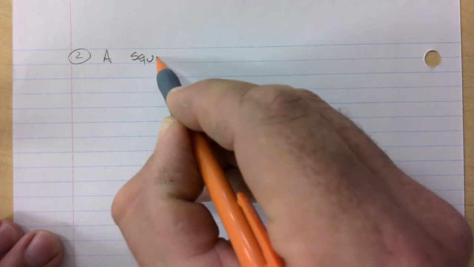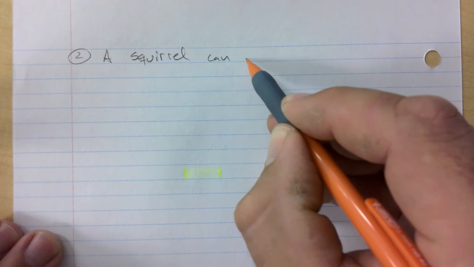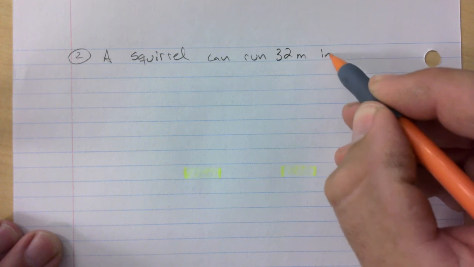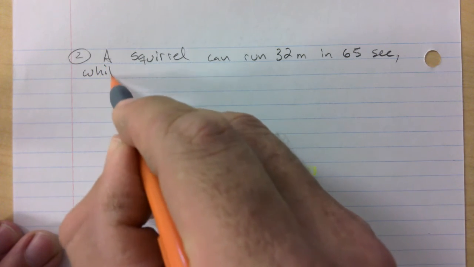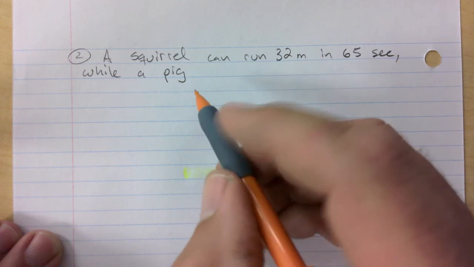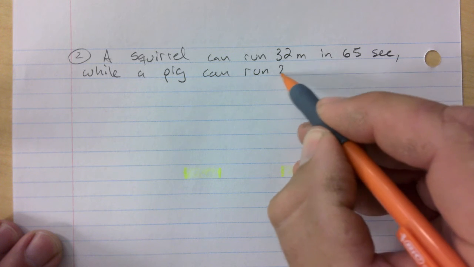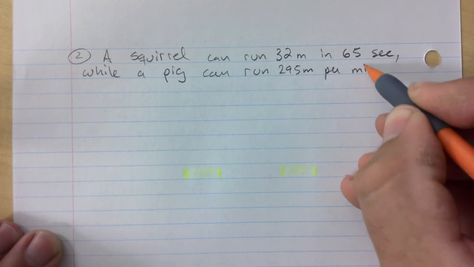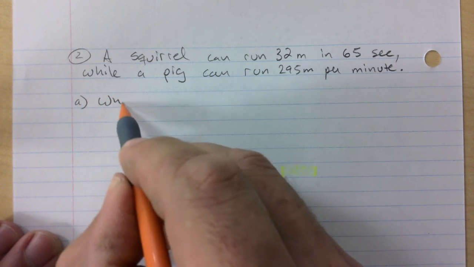Question 2. A squirrel can run 32 meters in 65 seconds, while a pig can run 295 meters per minute. A, who is faster?